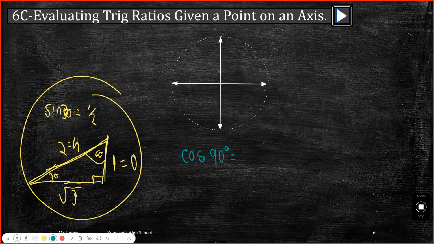What would be cosine of 90 degrees? Anybody? Everybody. The answer is 0.